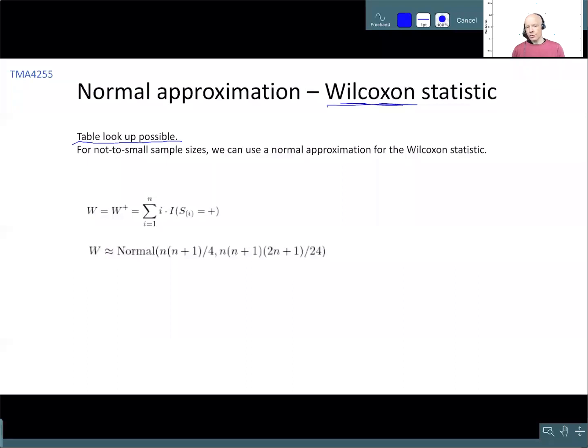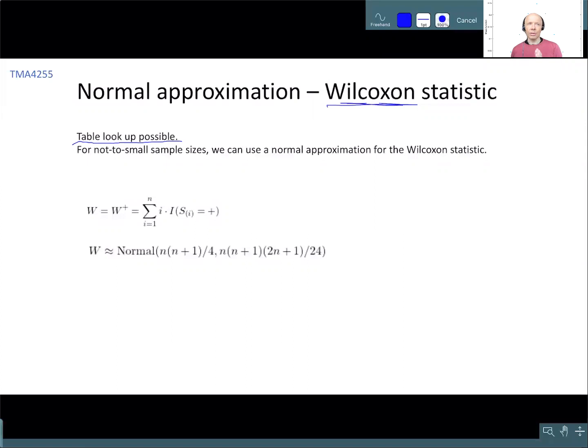But for not too small samples, it's again common to use a normal approximation. It's not a normal approximation on the samples, but it's a normal approximation on the statistic W plus. And what goes into this is again the expected values and the variances of these rank sums.